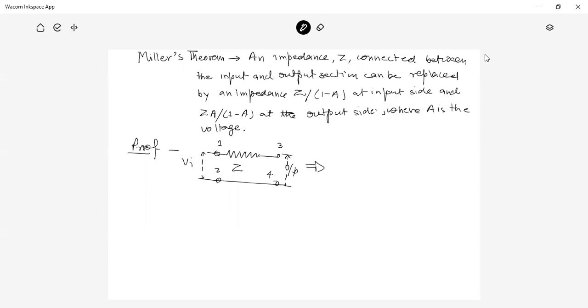As per Miller's theorem, this can be replaced by Z upon 1 minus A at the input impedance, and ZA upon 1 minus A at the output impedance.